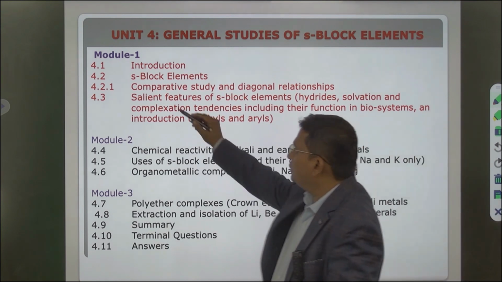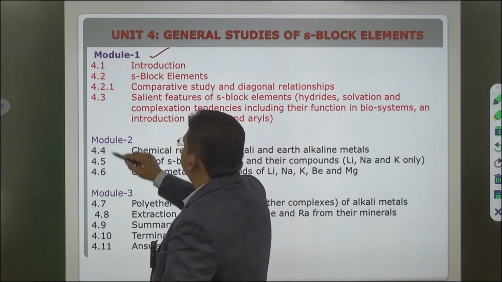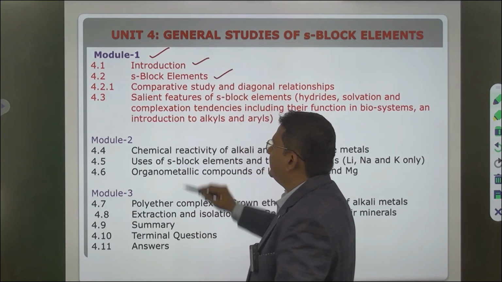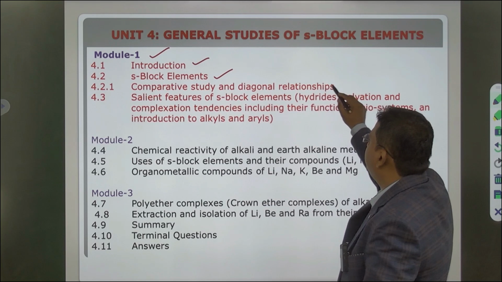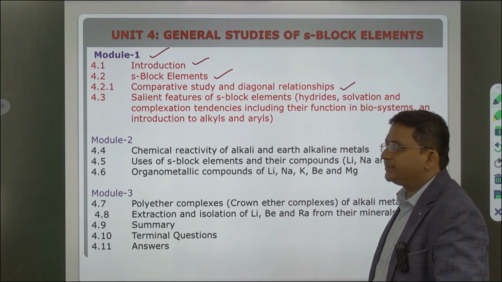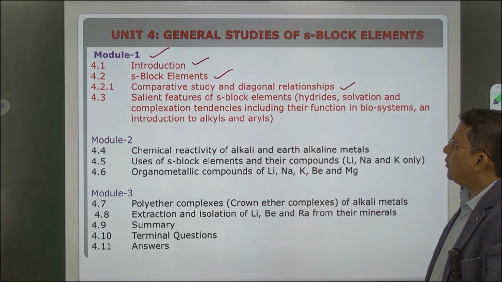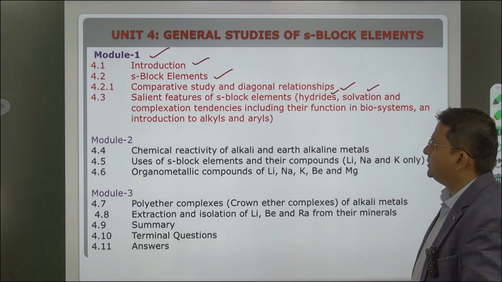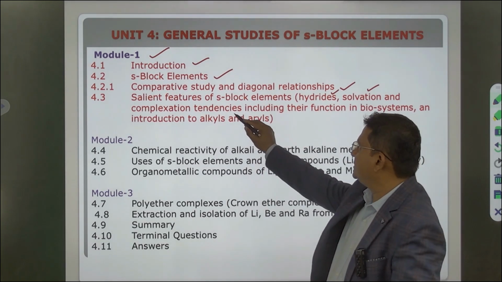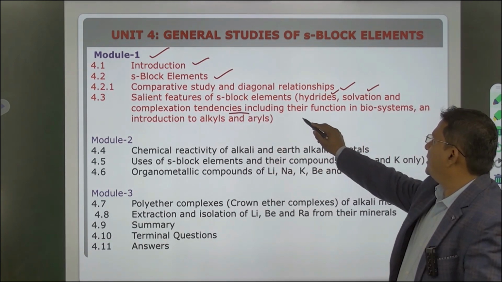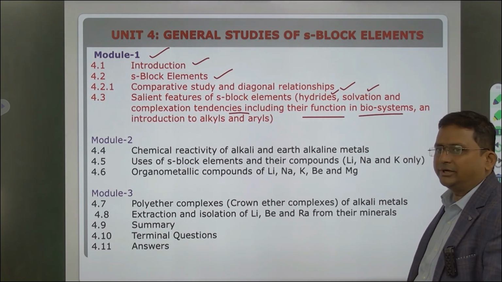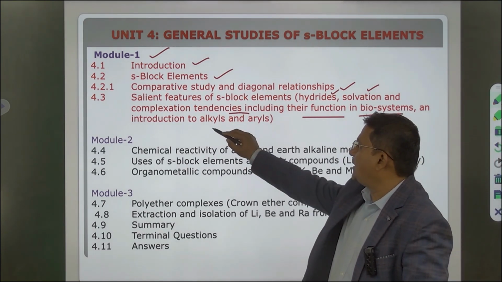In the first module, in this lecture, we study Introduction, S Block Elements, Comparative Study and Diagonal Relationships, Salient Features of S Block Elements, Hydrides, Solvation, Complexation Tendencies, and their functions in biosystems, and introduction to alkyls and aryls.